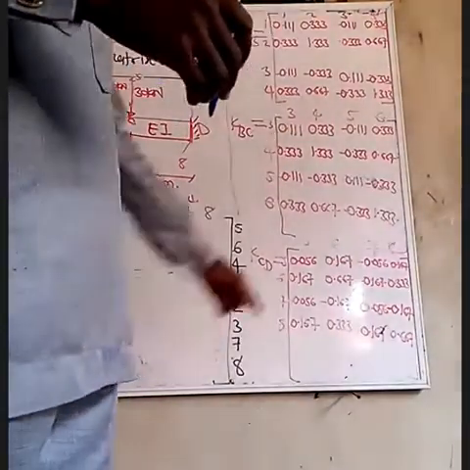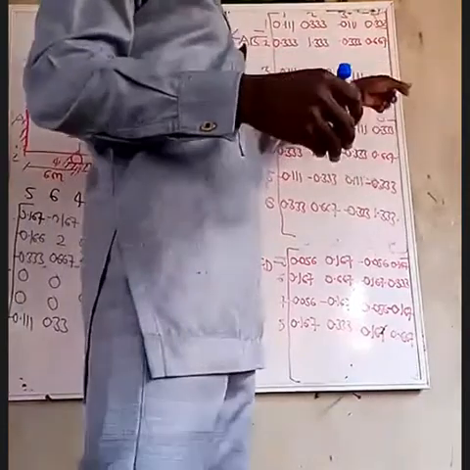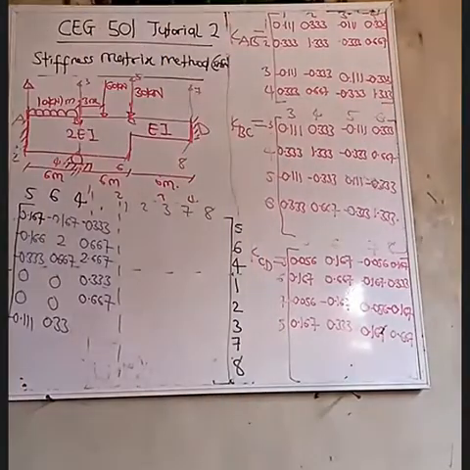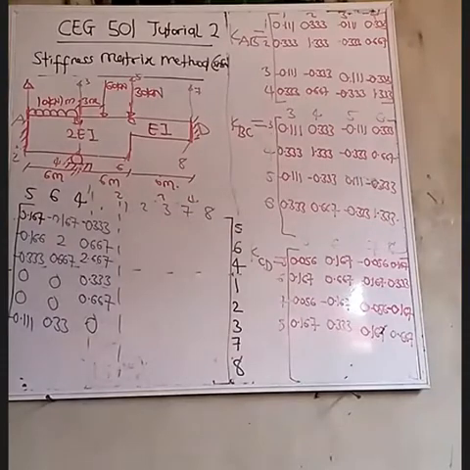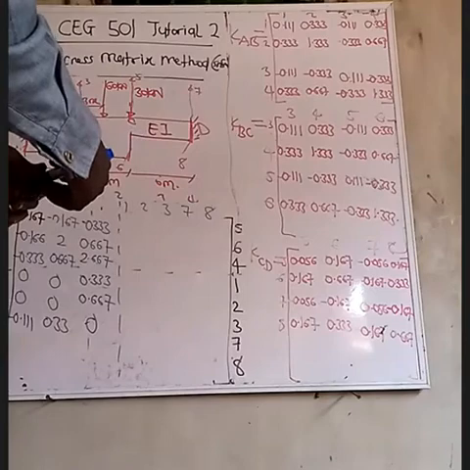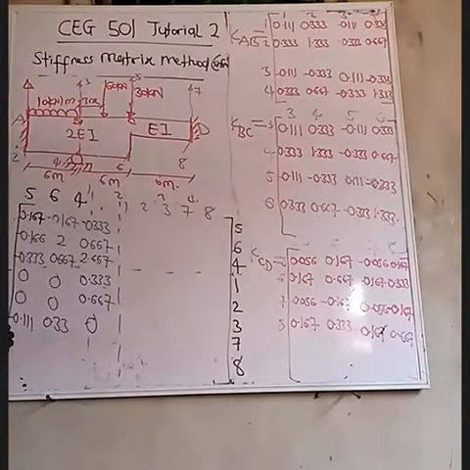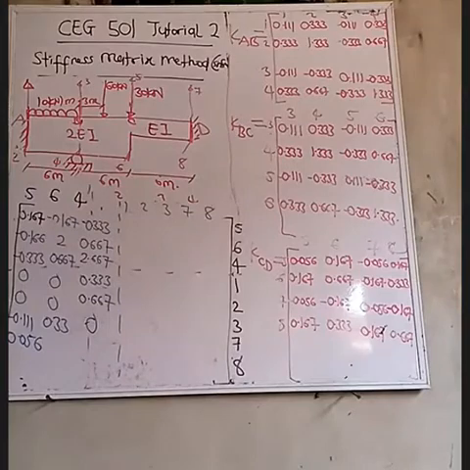Okay, 4.3 is 0.333 minus 0.333, so that's 0. 5.7 is what? 0.056. Now 6.7 is minus 0.167.